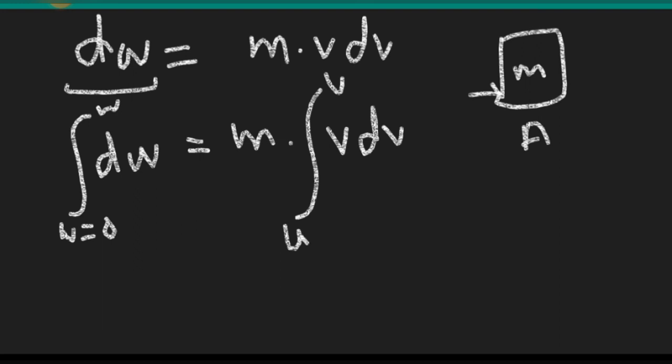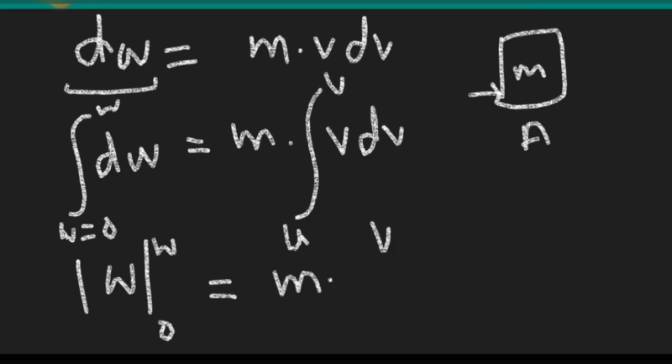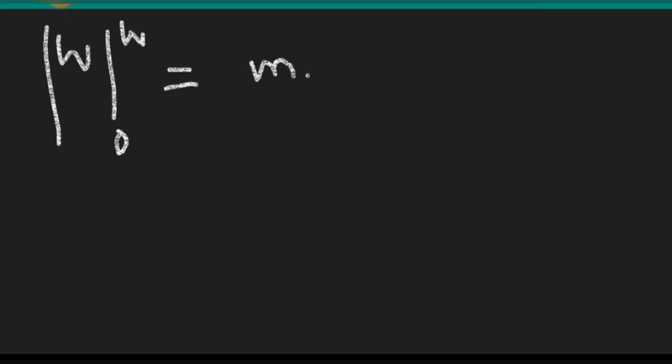Integrating dW, we get W from 0 to W equal to mass m multiplied by v square by 2 from u to v.